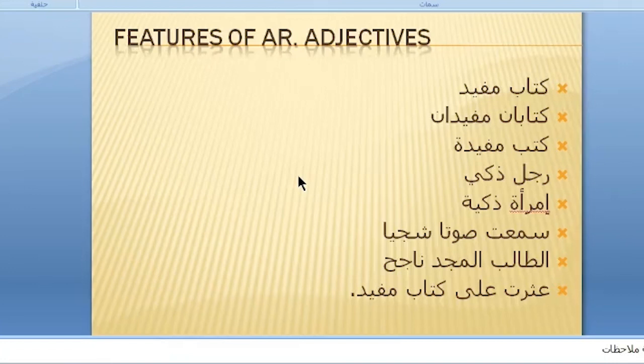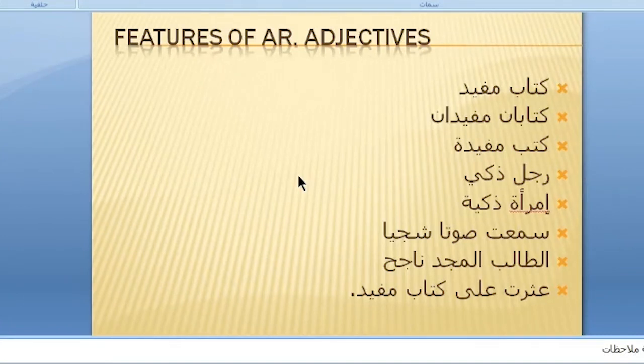So here, number, يعني العدد, affects the Arabic adjective, but in English, no. Number does not affect the English adjective. So this is one of the differences between an Arabic adjective and an English adjective.